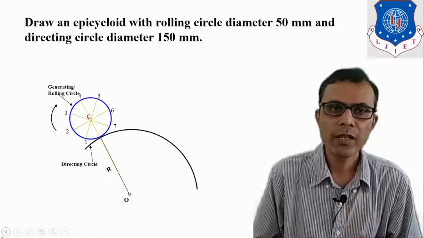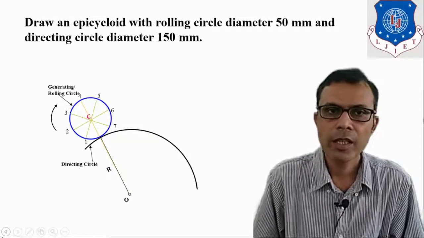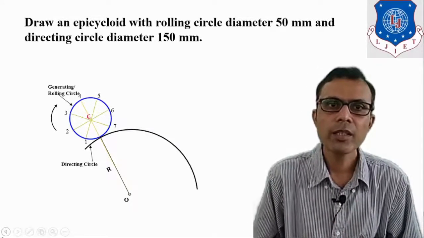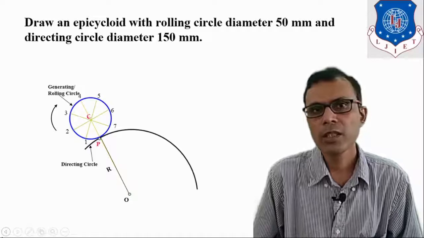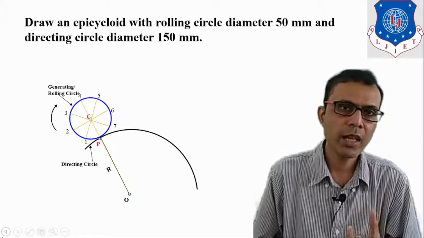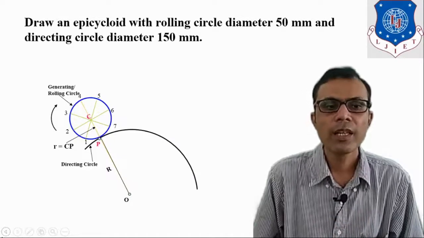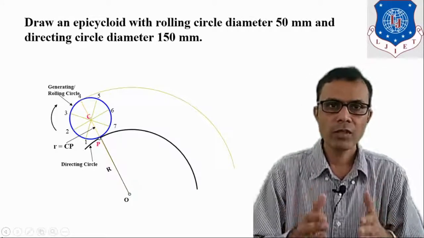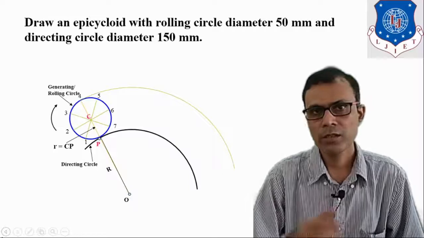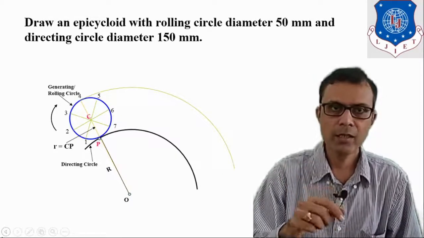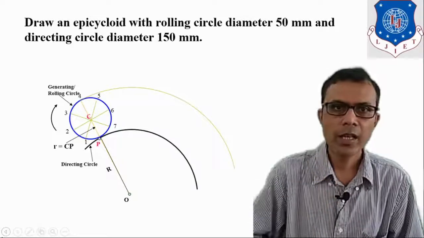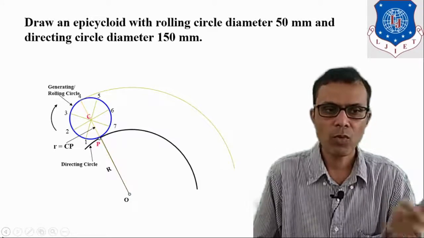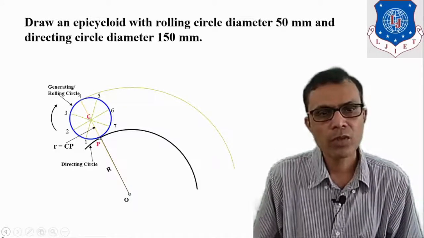Now we have to divide the circumference of this rolling circle into 8 equal divisions. The angle subtended by this rolling circle during one rotation: we know the equation theta equals 360 into small r by capital R. Here small r is 25 mm and capital R is 75 mm, so by the equation we get theta equal to 120 degrees. With the same point O, the center point of the directing circle, kept as center, we draw the arc. The first arc has compass size from O to the outermost point on the circumference of the rolling circle.